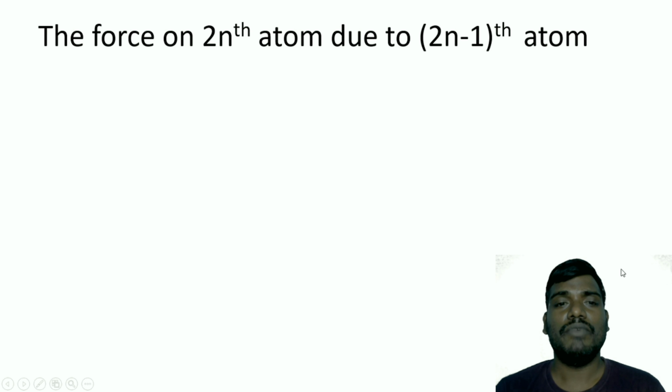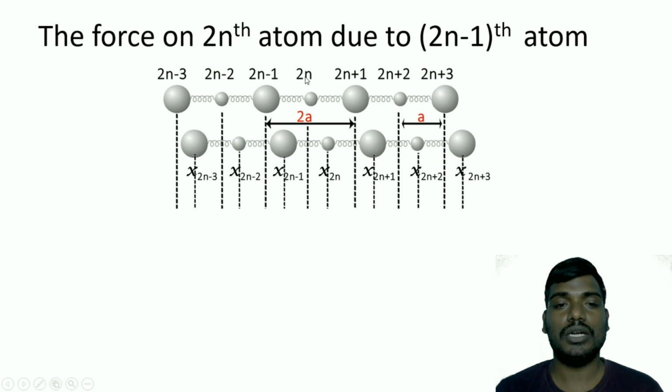Then we find the force on the 2nth atom due to the 2n minus 1th atom. That means, for example, the 2n atom is there, and the 2n minus 1 atom acts on the 2n atom.